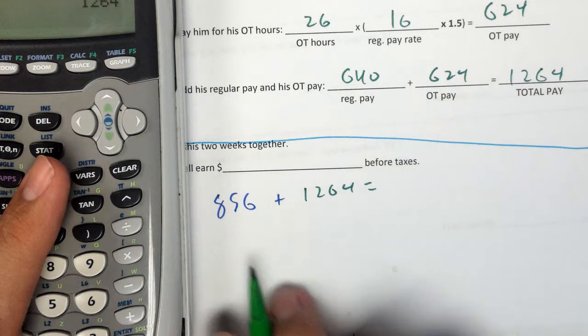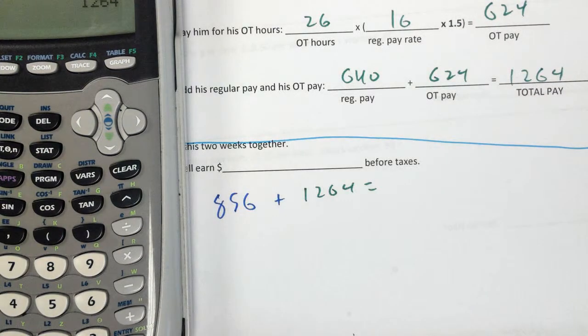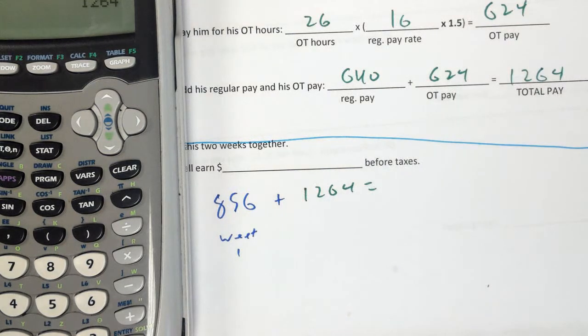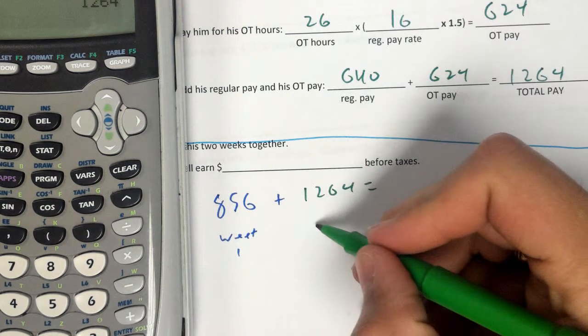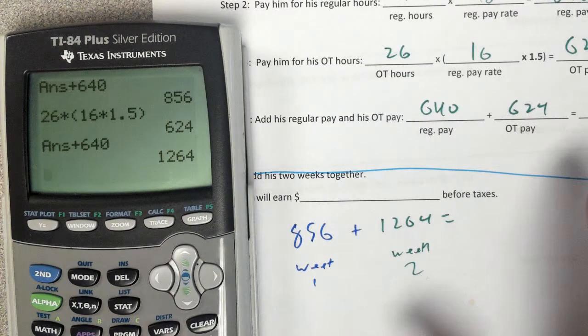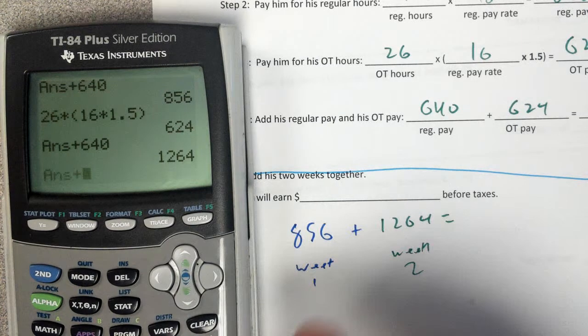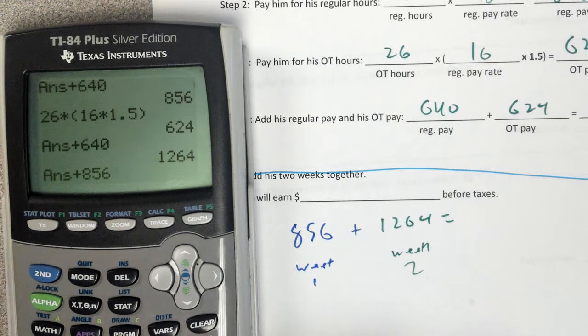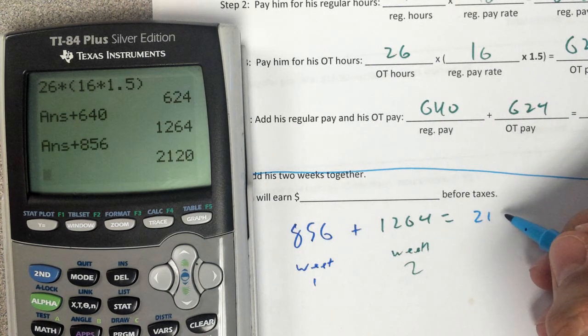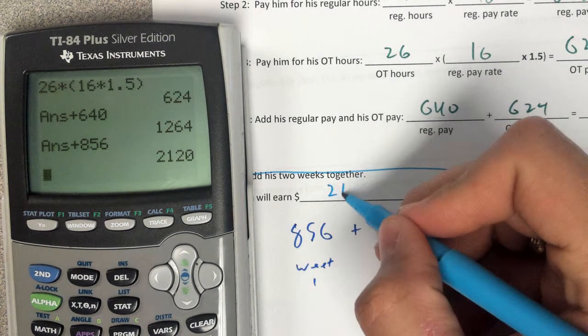Now at the very end, this is week 1, and this is week 2. I need to add those up. So I have 1,264 plus 856, and that's going to get me $2,120.